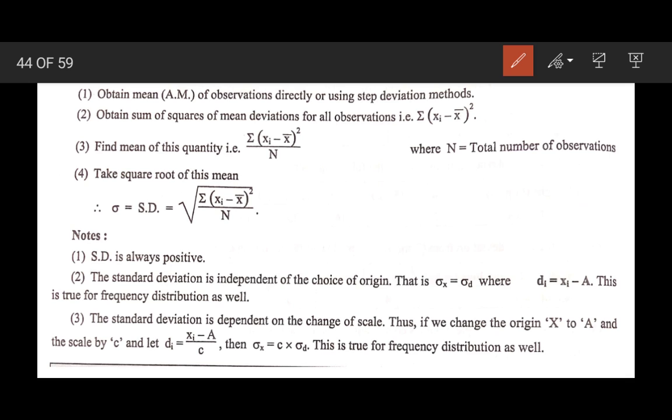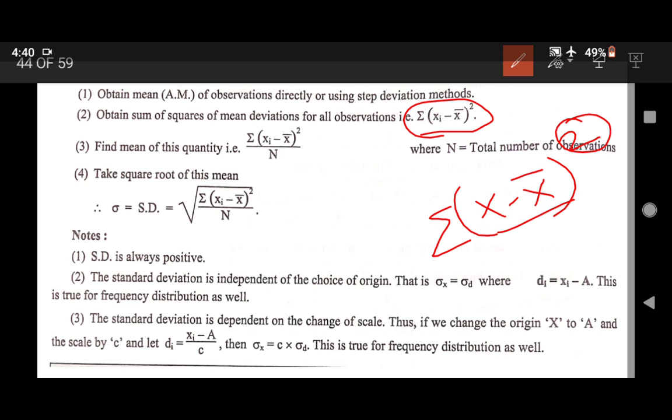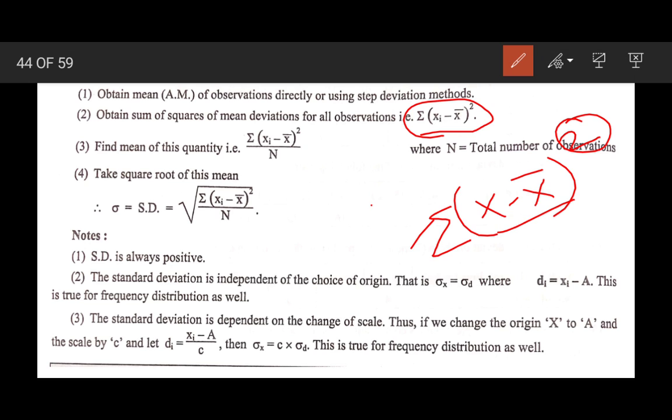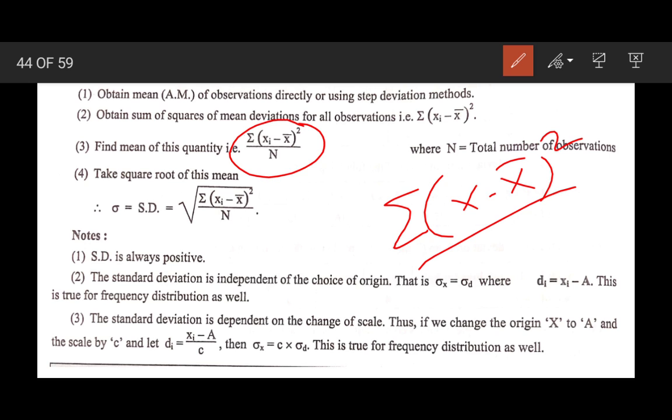The second step is to find the difference: find x minus x bar, then square that value, and then find the total of this column. Then the third step is to find the mean of this quantity, that is, summation x minus x bar whole square upon n.